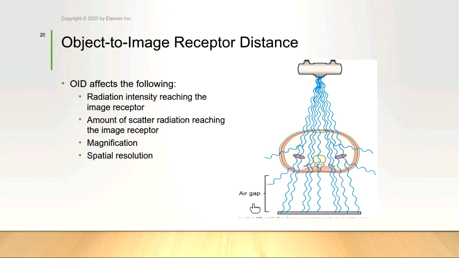I'll give you an example, like the chest x-ray. Chest x-ray is done at 72 inches so that the photons strike more straight on and it doesn't magnify the heart. Okay, we also do a chest PA versus AP because the heart tends to sit more anterior.